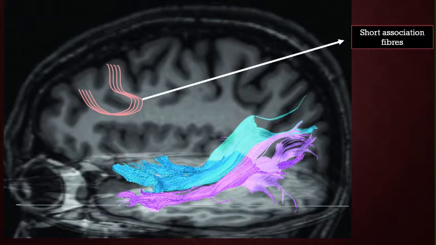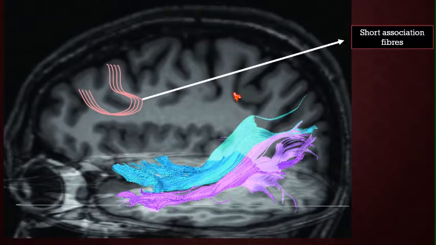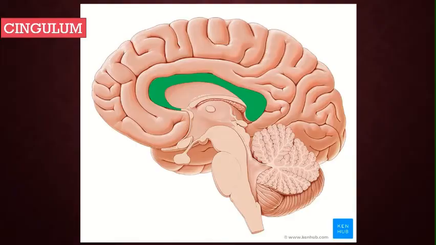Moving to the long association fibers, they connect the gyri which are separated from one another by a considerable interval. So the two different gyri which are far away are connected by the long association fibers.